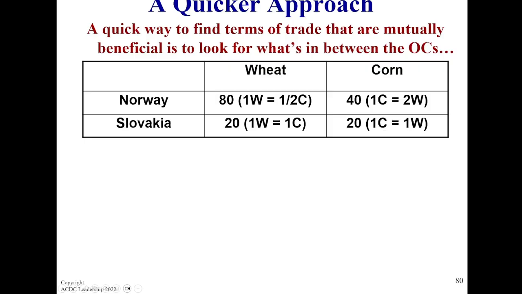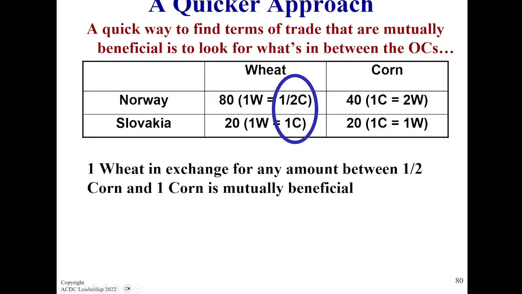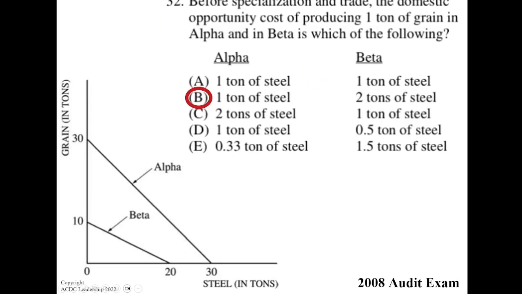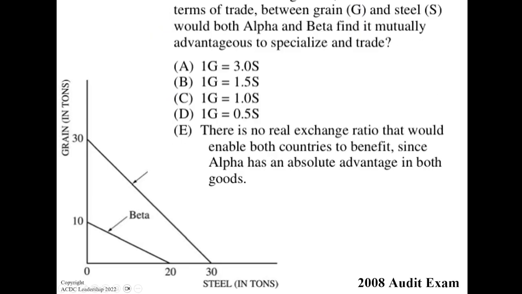So we just decide a value in between, like 1 corn for 1.5 wheat. That is a good trade. That is essentially what we'll do to look for a good trade. This is just a quick approach that we'll use on the AP test. So let's skip these for now because we're a little behind.